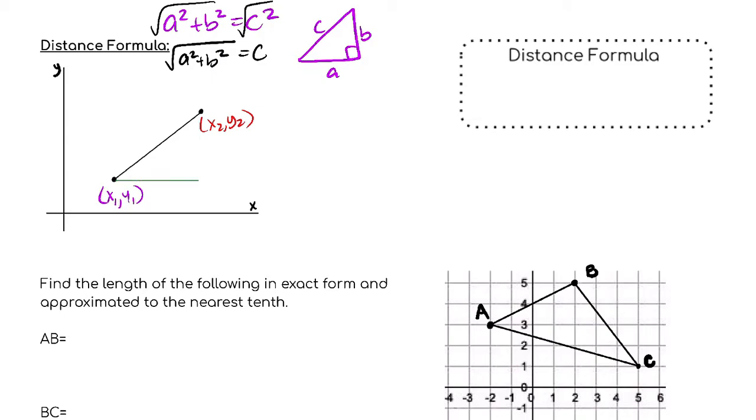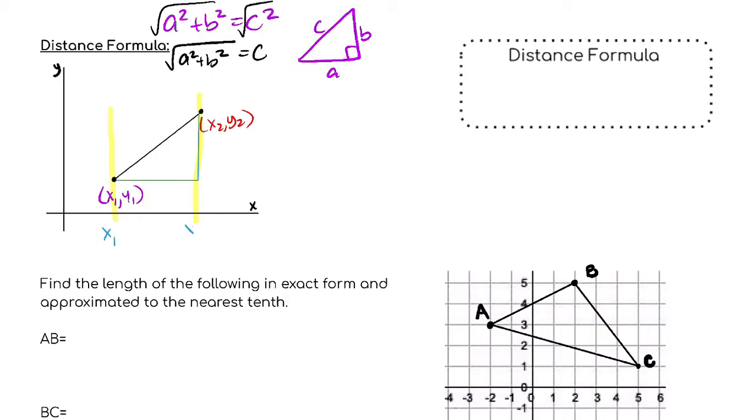So we would have our horizontal distance and our vertical distance. The horizontal distance is going to be found by looking at the change in the x values. Think of where they would line up on the x-axis.